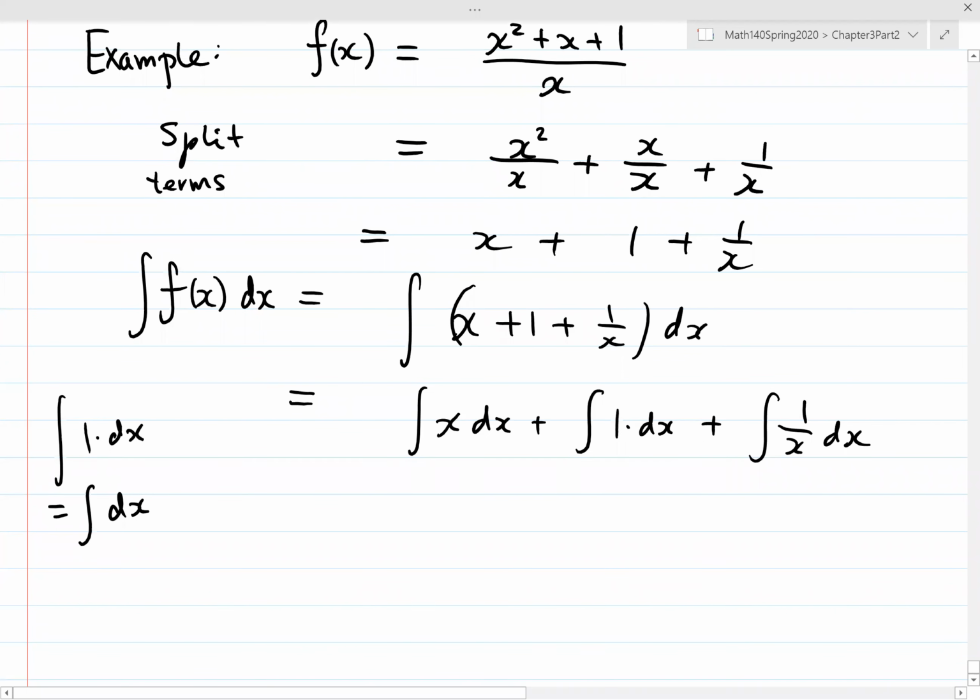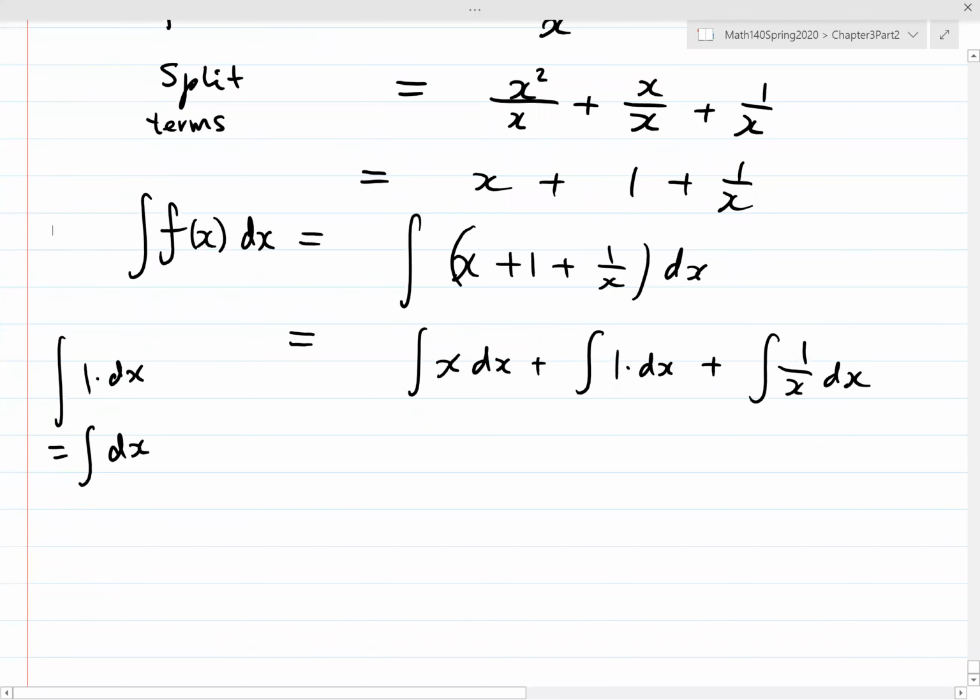Then you see the d and the integral cancel each other, so what we get is actually x. But here remember, it's only determined up to a constant. When we do antiderivative, it's only determined up to a constant.